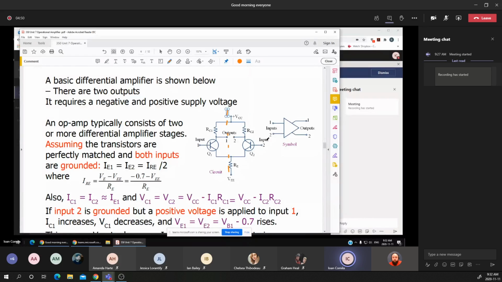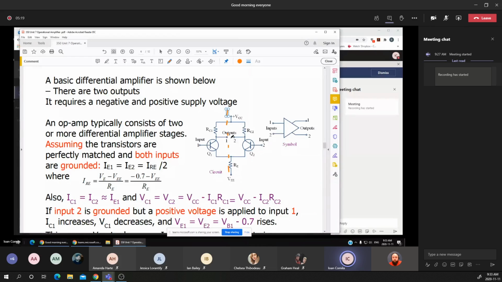That's the left side, and that's the right side of the input stage of the differential amplifier for the op-amp. Now we can model this differential amplifier stage as an amplifier which has a triangle shape with the two outputs.